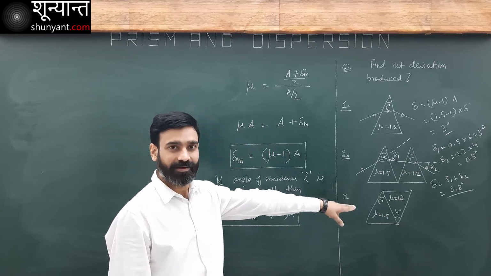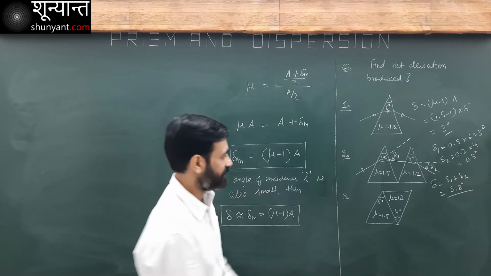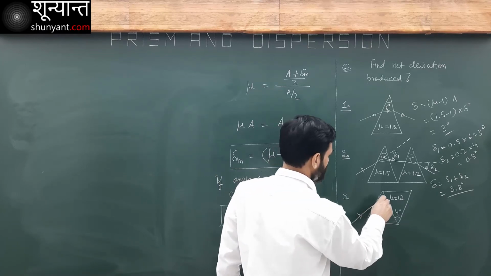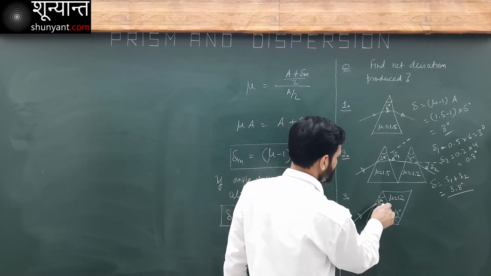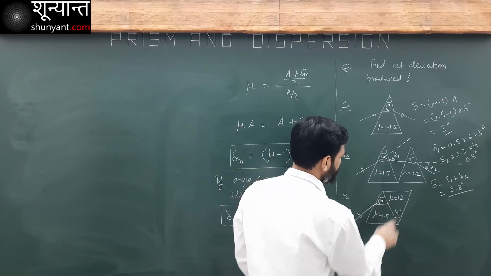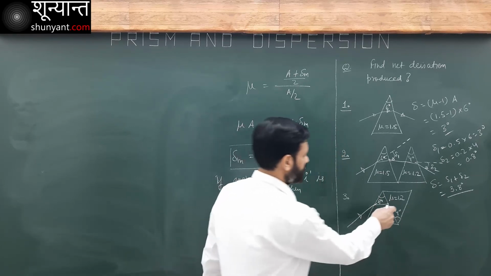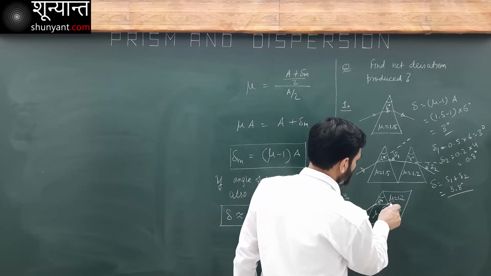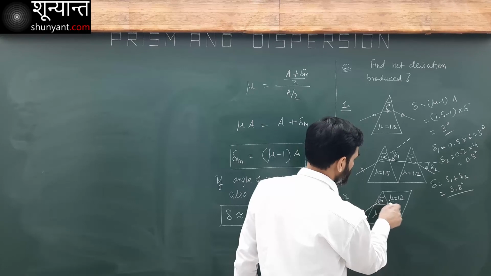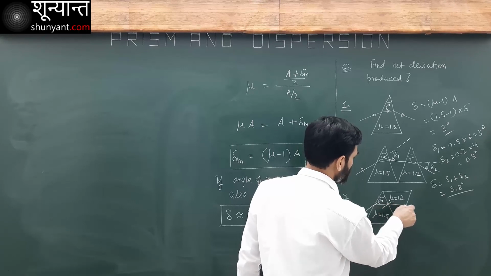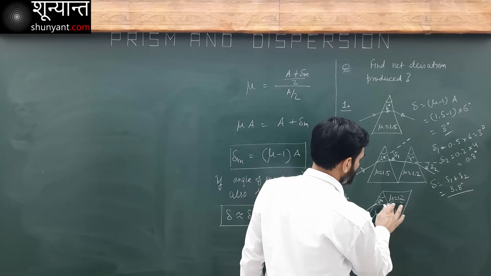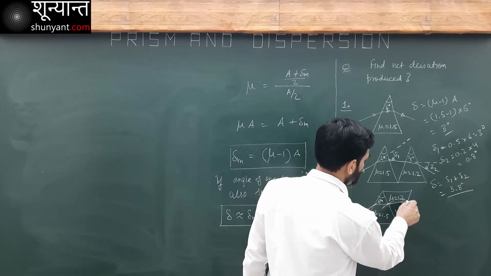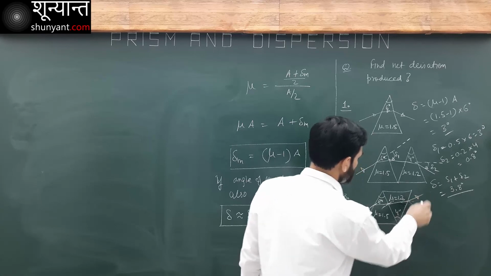Here they are in opposite direction. If you start with one light ray here, it undergoes this deviation. Now at this point again there is going to be a deviation. This is my normal. It is going to be something like this.